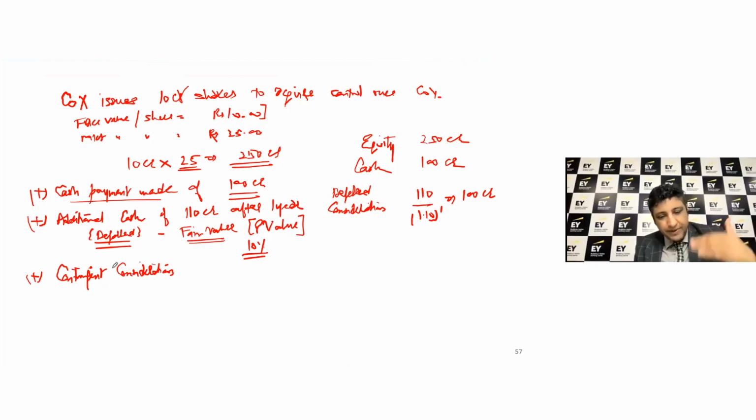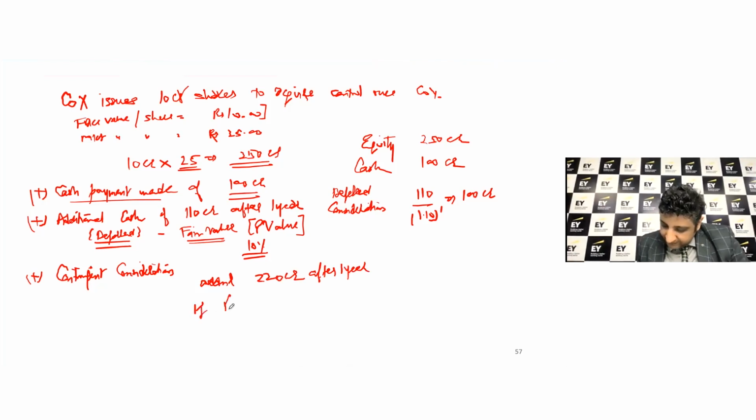Okay. You may offer to the shareholders of the other entity that you're going to pay additional 220 crores after 1 year, right? If the revenue grows at 40% for next 1 year.